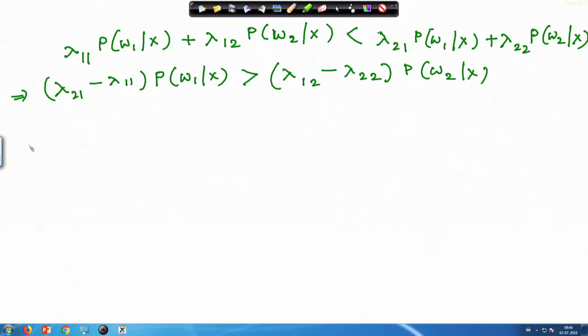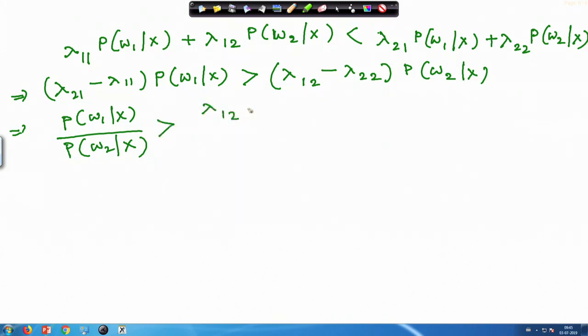So, I can also rewrite this in the form p of omega 1 given x upon p of omega 2 given x to be greater than (lambda 1 2 minus lambda 2 2) upon (lambda 2 1 minus lambda 1 1).